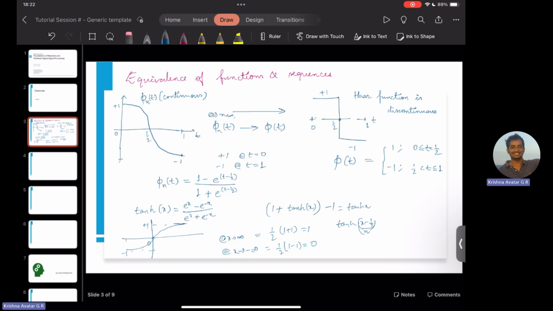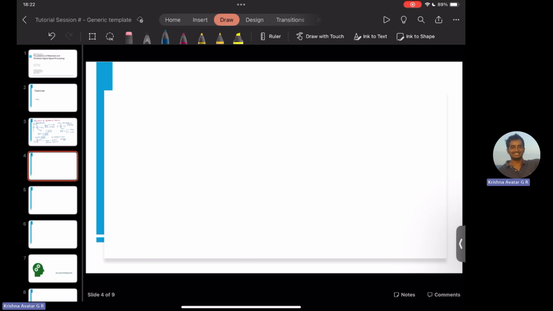So essentially, when we talk about equivalence of functions and sequences, what do we mean? That is the first thing. Say we have a basis for V naught. So that basis is phi of t minus n, right? So all the integer translates of this, where n is an element of the set of integers.